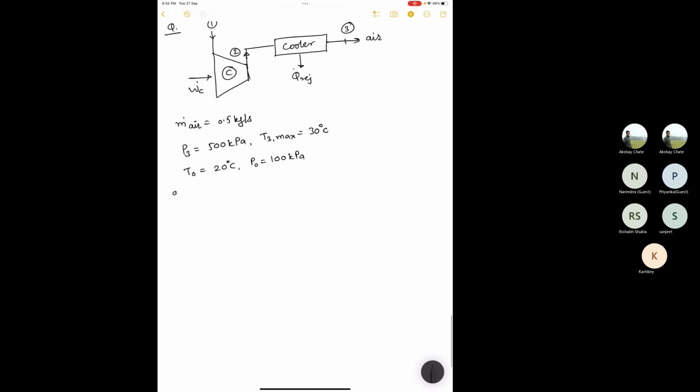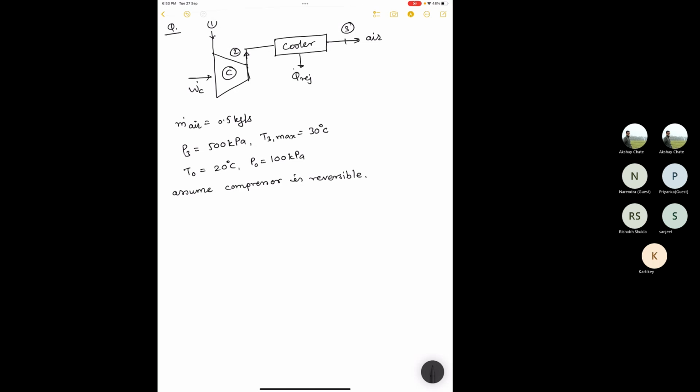And one more assumption is mentioned in the question itself: assume compressor is reversible. This is a very important assumption because if it is not mentioned, you cannot assume it. Sometimes if it is not mentioned that air is an ideal gas, you can assume it because it's a reasonable approximation.